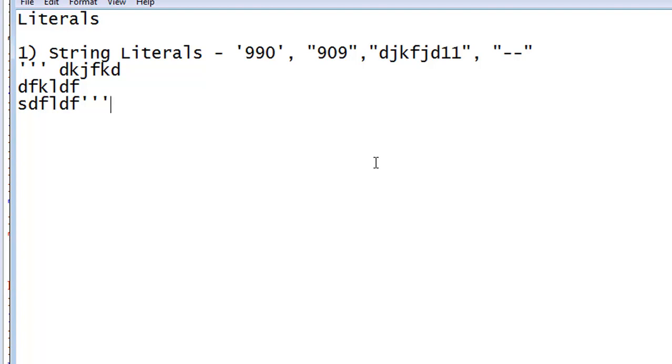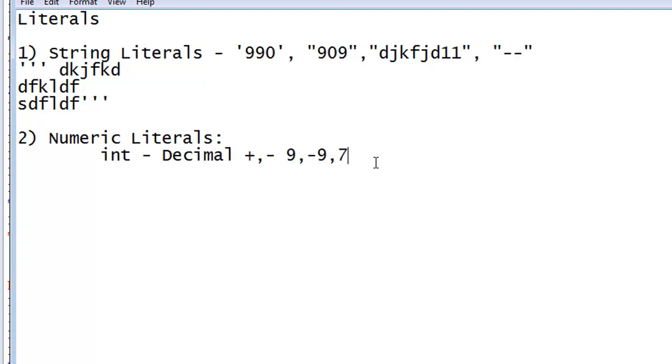Okay, now the second type of literal was our numeric literals, and these were, first of all, integers. Integers can be classified into decimal, which are positive or negative numeric values without decimal places like 9, -9 or 371.